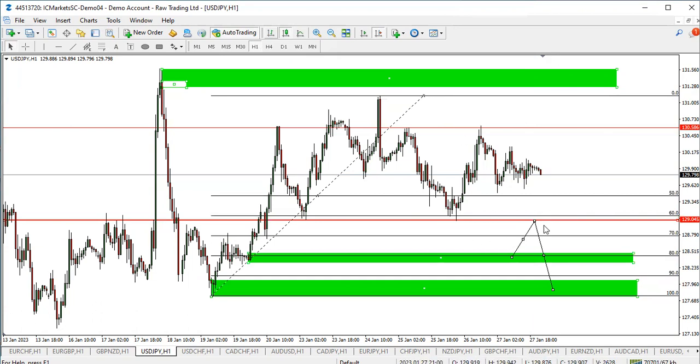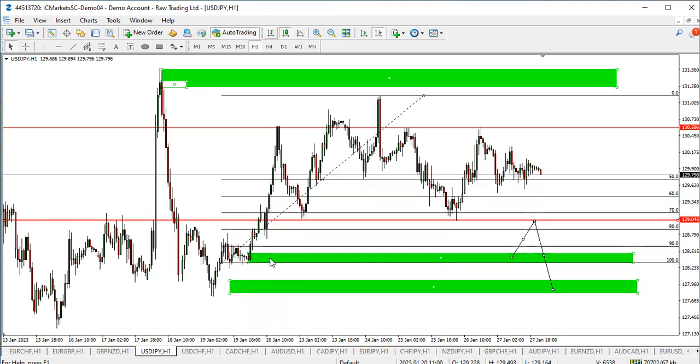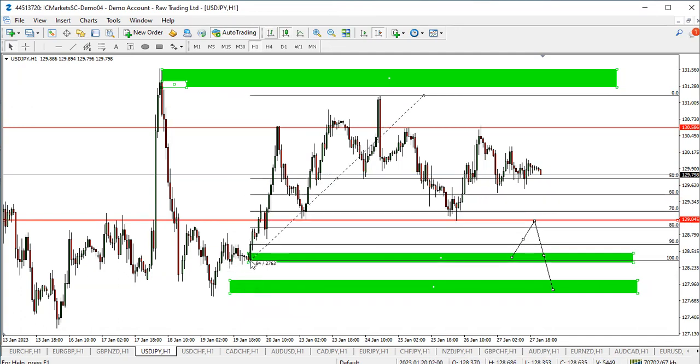This here is around 60% of the Fibonacci ratio. If you're using this swing point, it's around 70. So you draw your Fibonacci from the swing point you want to trade from.